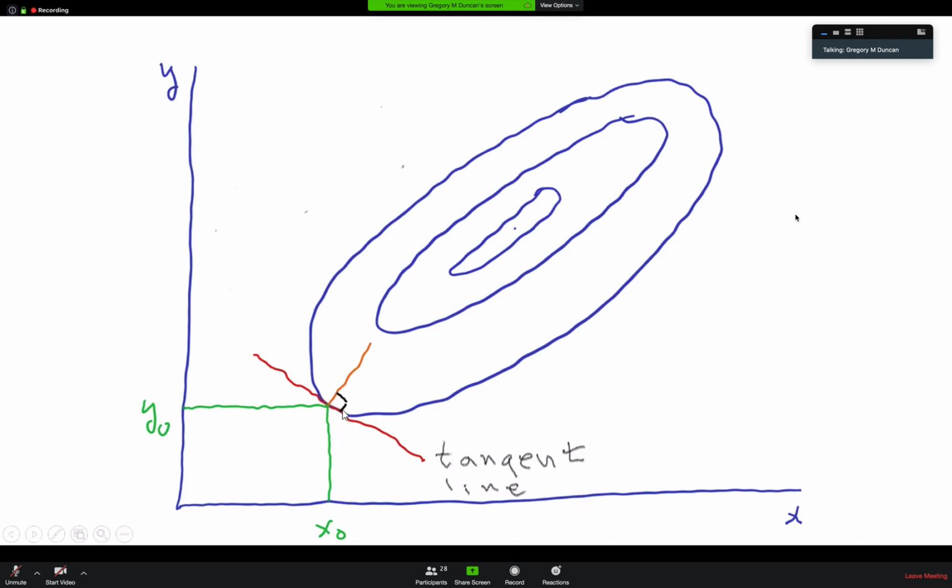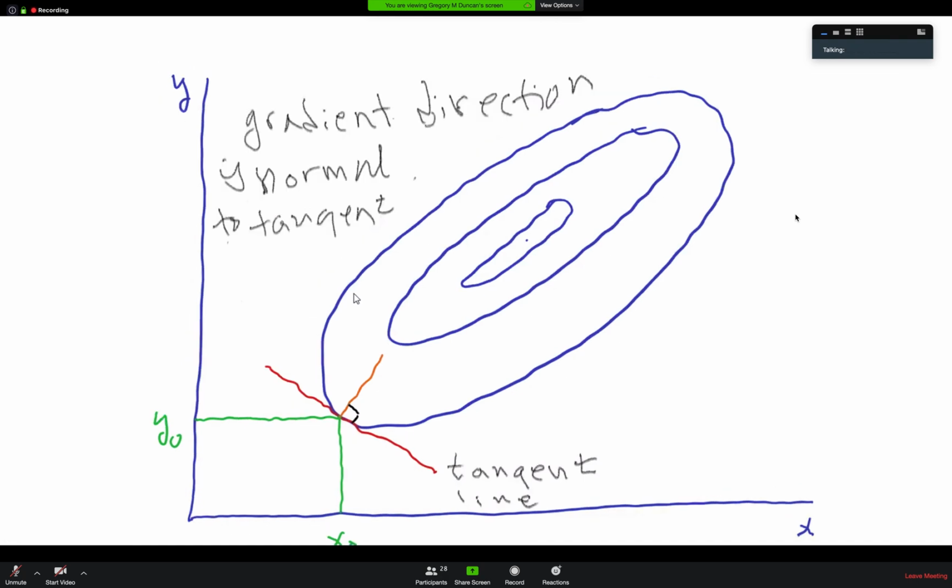And what I mean by that is a right angle there. And the gradient direction is normal to the tangent line. So the gradient is going to be a vector going in this direction of a certain length. And what's really important for us is just the direction of the gradient.